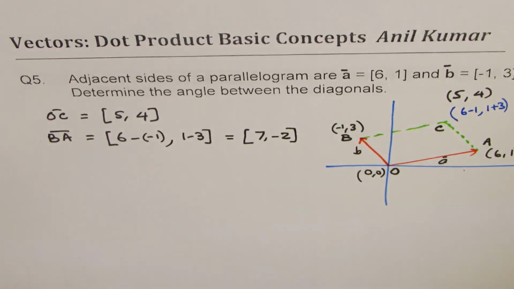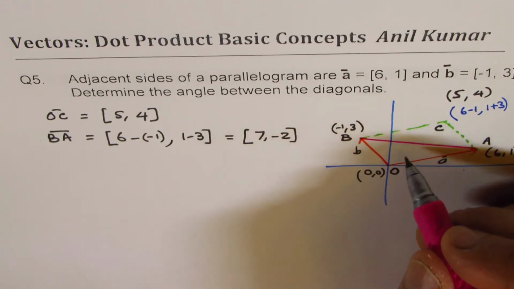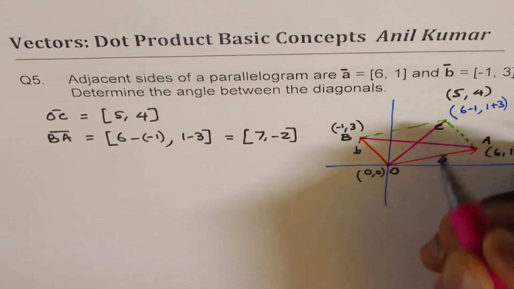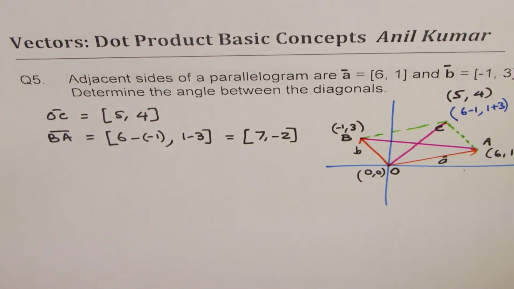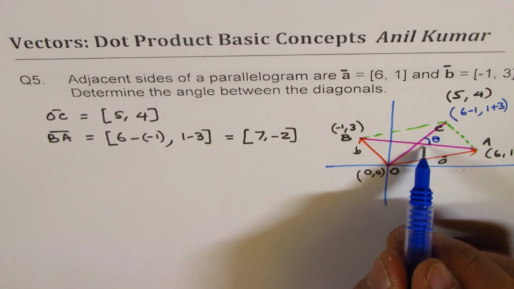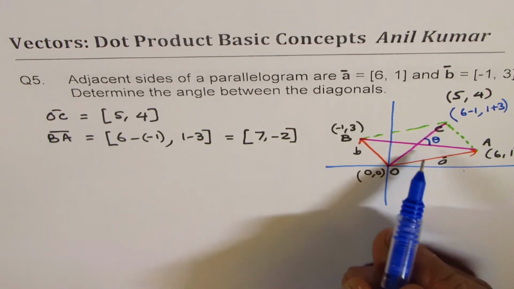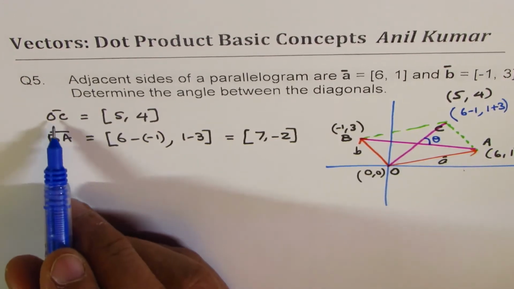Is it clear? So these are the two diagonals with which we have to work. We need to find the angle between these two diagonals. So the diagonals are BA and OC. Now the angle between them is, let's say, theta. The other angle is a supplementary angle, right? Now let's find the angle theta first.